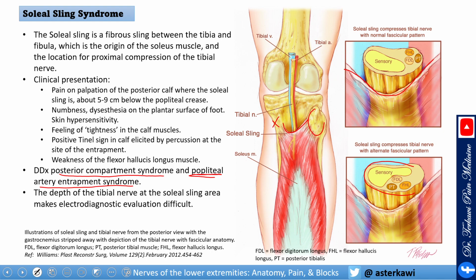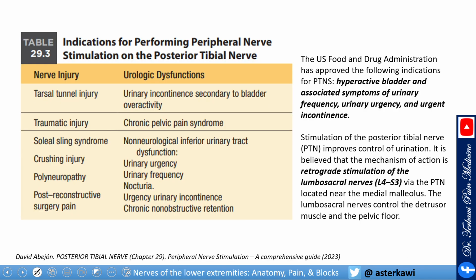Of course, you can do different workup techniques, nerve conduction study or EMG. It can be non-conclusive because the nerve is usually deep at this level, and it might be hard to elucidate that. So it's mainly a clinical diagnosis.